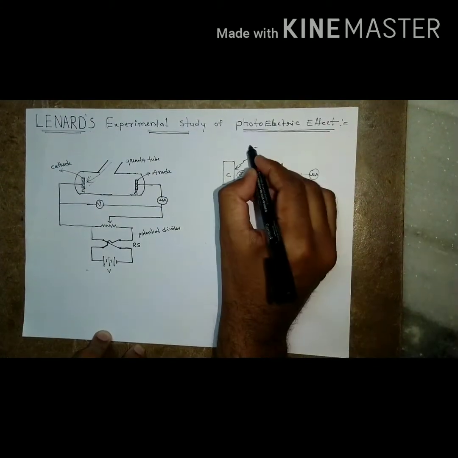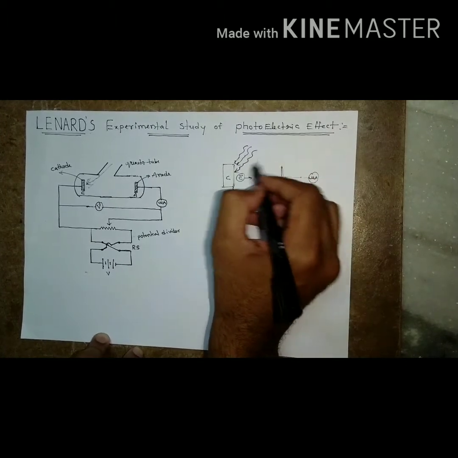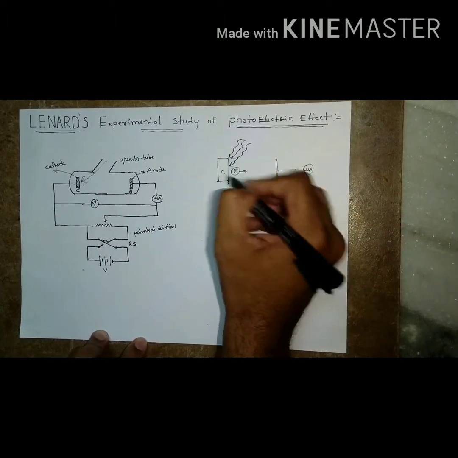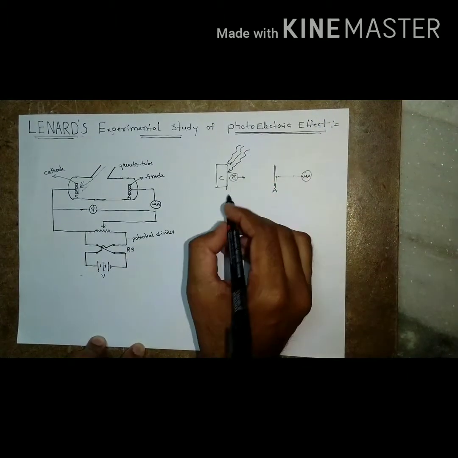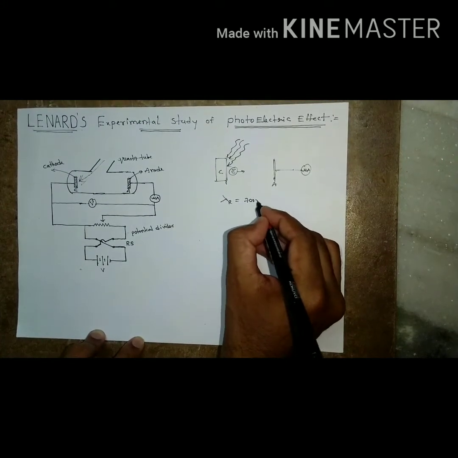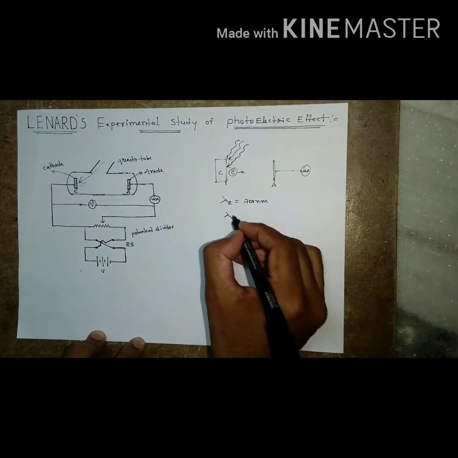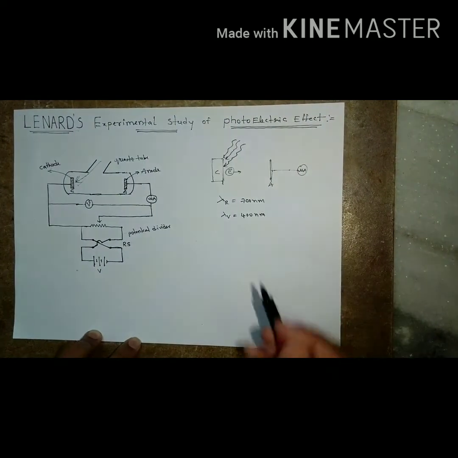And this is ultraviolet light, here meaning visible light. Visible light consists of 7 colors. Out of the 7 colors, red has the longest wavelength, nearly 700 nanometers, and violet has the shortest, nearly 400 nanometers.